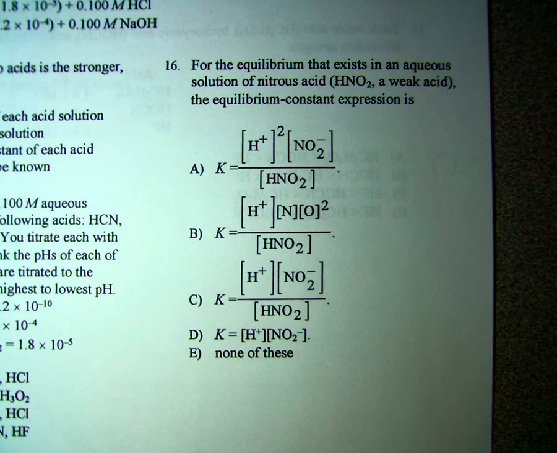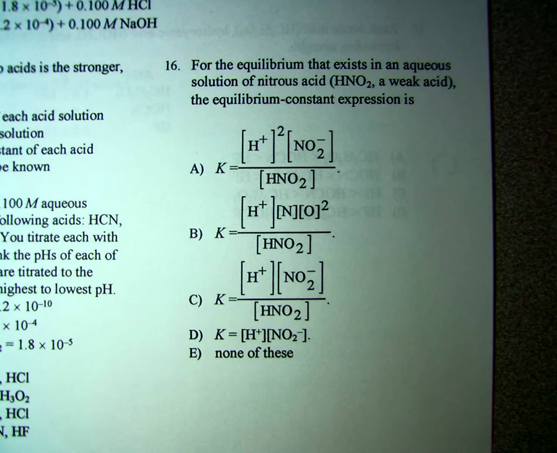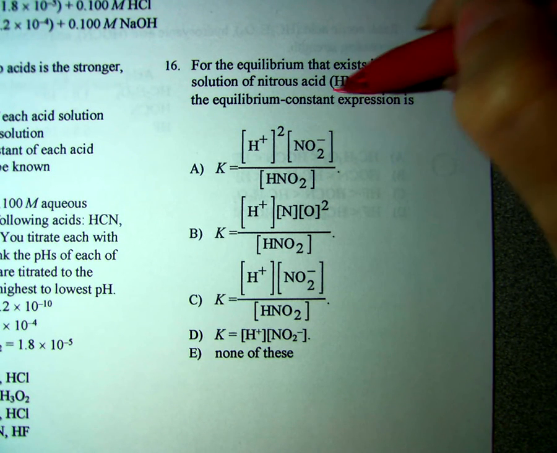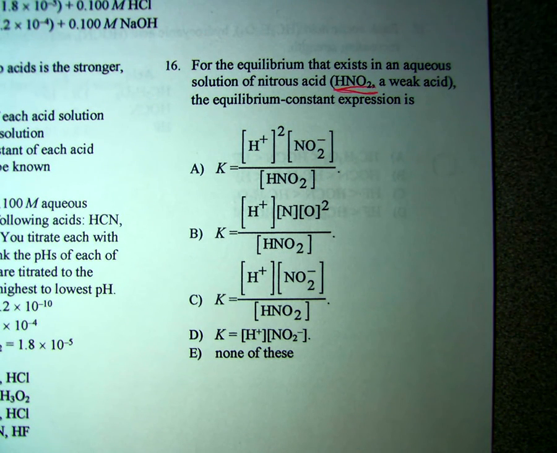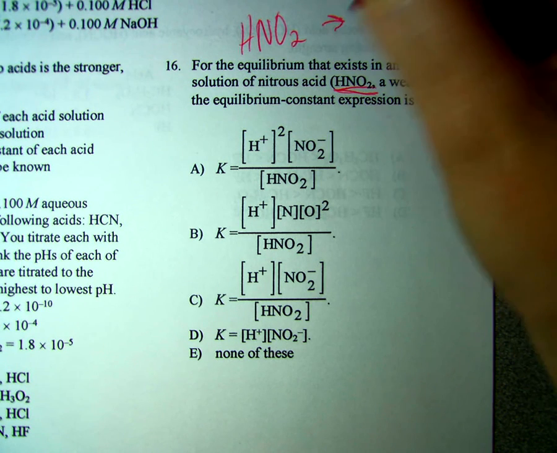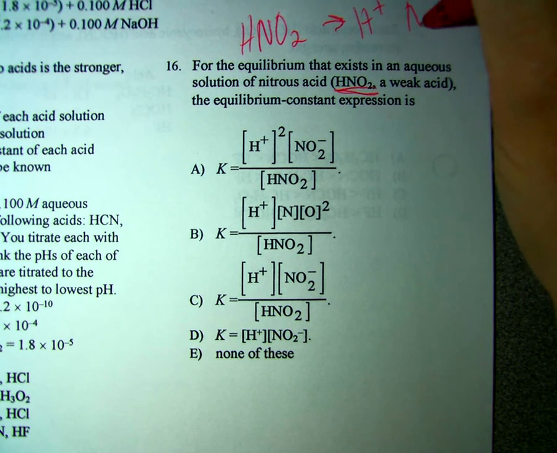Okay. Thank you. Equilibrium: K is equal to the concentration of the products over the concentration of the reactants, right? We're doing the dissociation of HNO2. So HNO2 is going to break down into H plus and NO2 minus.